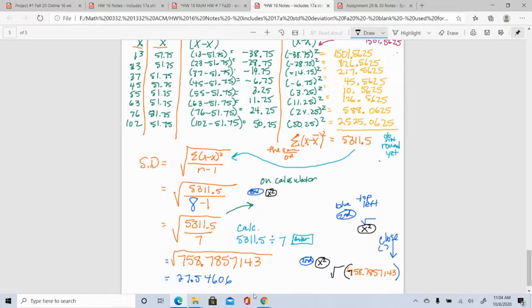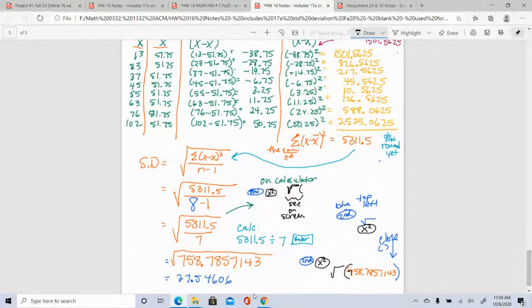Oops, I need to make sure it's cleared all the way. You may have to hit clear a couple times. Okay, second x squared. Now all I see on my screen is, this is what I see on my screen. Square root with an open parenthesis. Okay, so that's on my screen. So then what I do, okay, so this is what you see on screen on your calculator.